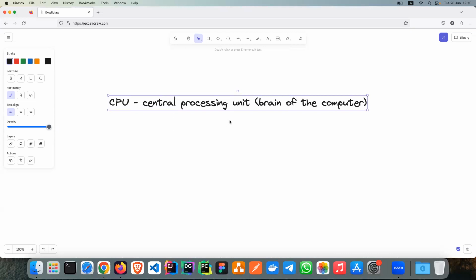They do work with short-term memory because short-term memory is fast, but long-term memory is very slow for the CPU to work with. So short-term memory is RAM. It stands for random access memory. Let's call it short-term memory.